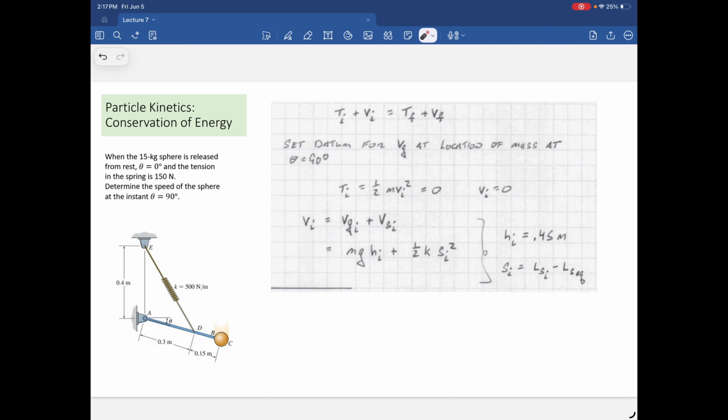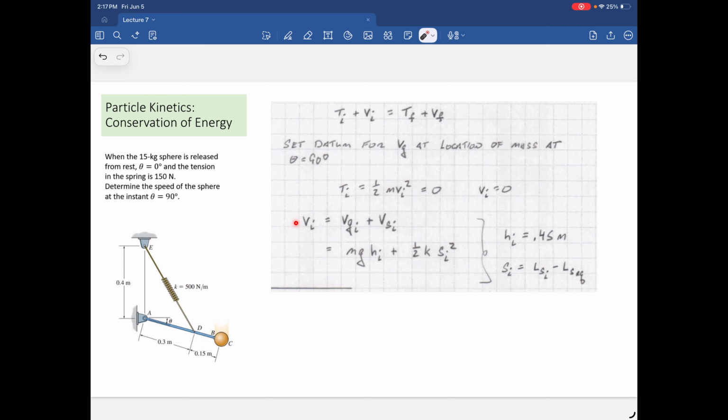We're going to set the datum for this problem where the sphere is at its 0 position, where theta equals 90 degrees. The initial kinetic energy of the system is equal to 0 because it's released from rest.